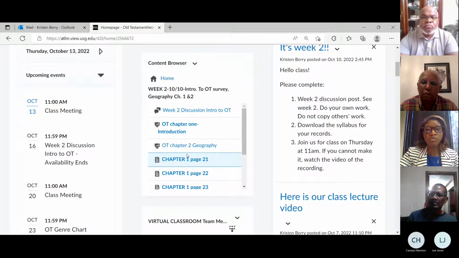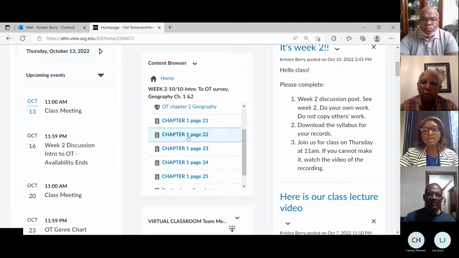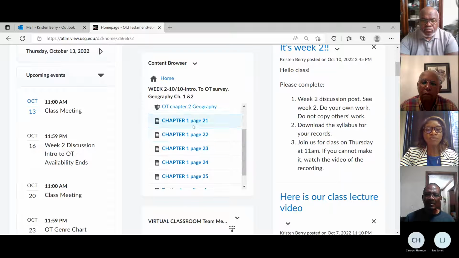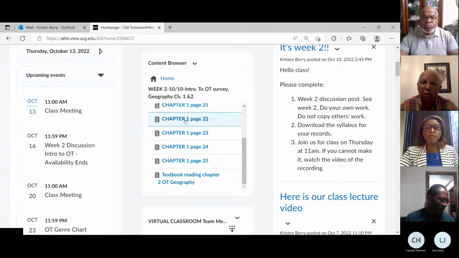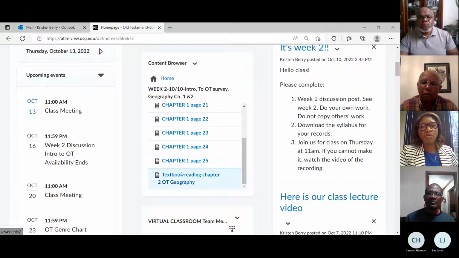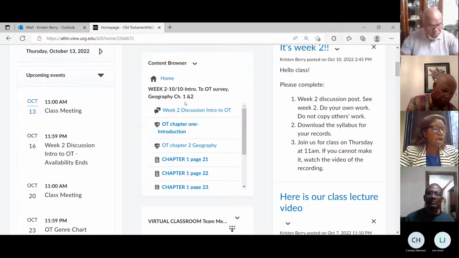I believe it is from your authors, and we will have some pages right here just in case you don't have the book just yet. I can't say that I am perfect with this scanning, but I do have a few pages for the reading, since a couple of students are still looking for their book. And a few pages on chapter 2 if you need it. So that is all in the week 2, October 10th module.